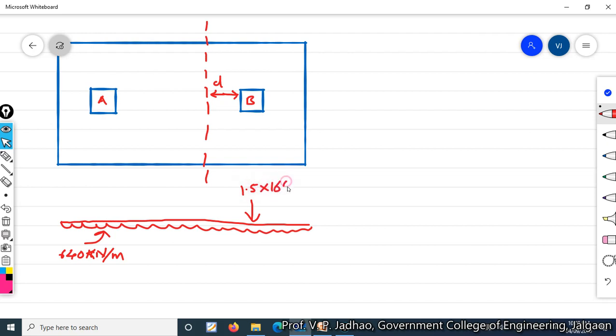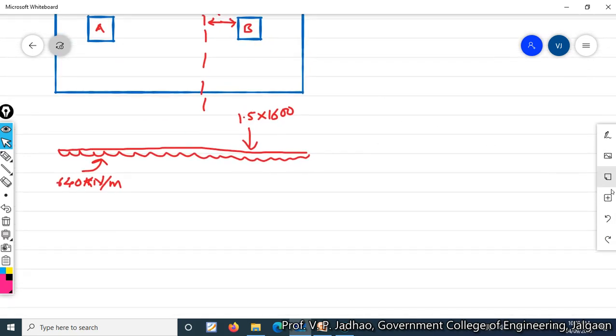So 1.5 into 1600. Now if we draw the shear force diagram for this particular loading, we again have one load of 1.5 into 1600 here also.